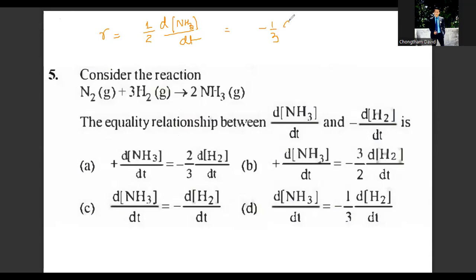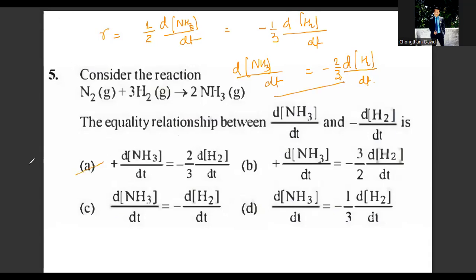See, what is the significance of this negative sign? It indicates consumption. So do the comparison properly. d[ammonia] by dt. See, when d is given in small letter, it is called the differential rate law. When it is given in delta, it is called the average rate law. So do the comparison. The answer would be option A.